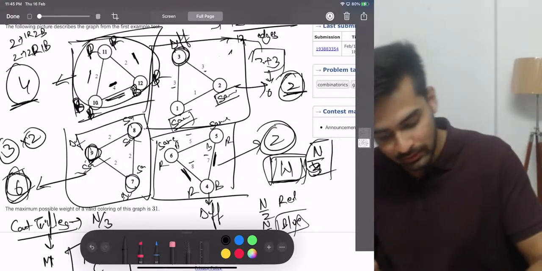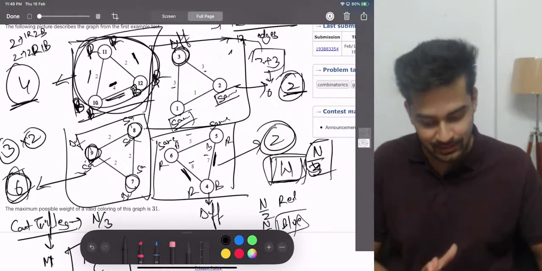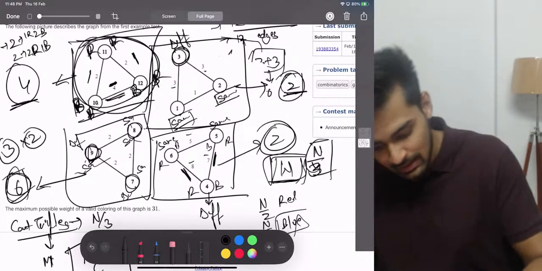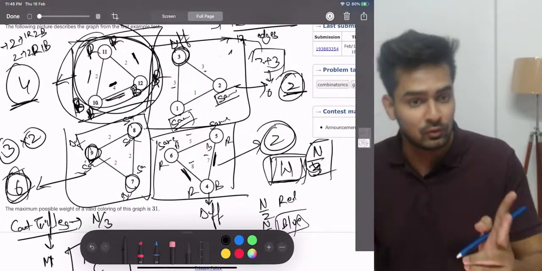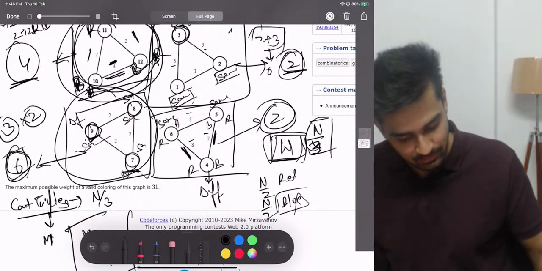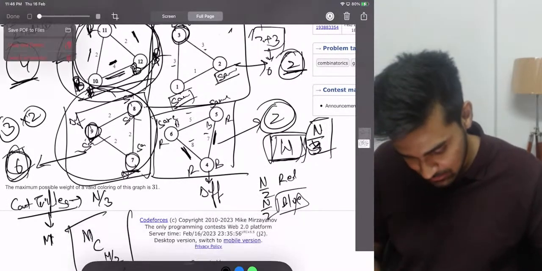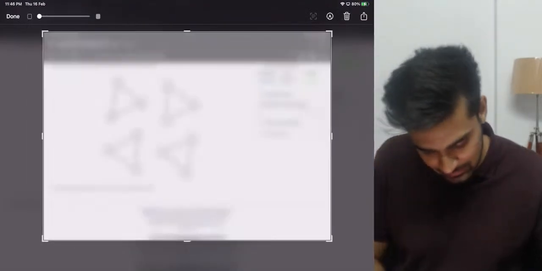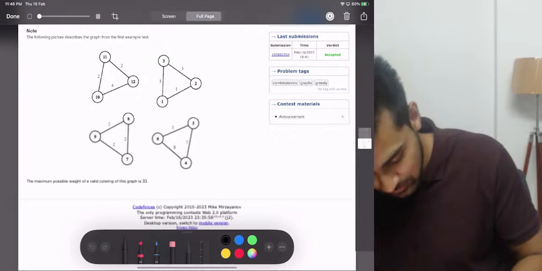But since I've already decided how my coloring is going to be, I can say that for this triplet, I only have 2 ways. Similarly, for the last triplet, let me just delete the screenshot. So what I can say is, for this, our answer was 4.